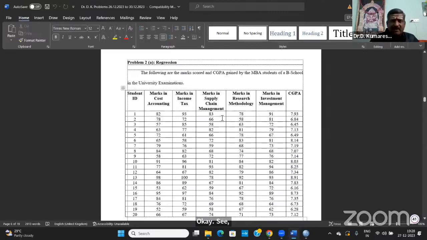So, regression equation of X on Y. X equal to C plus dy. Here C is the constant.